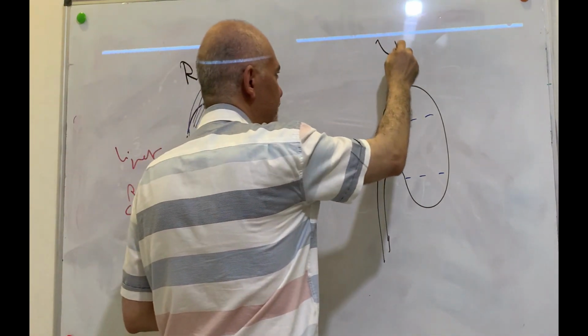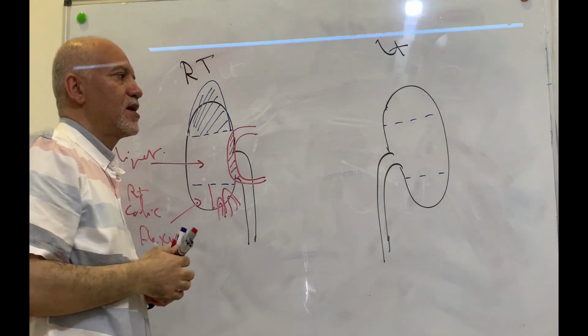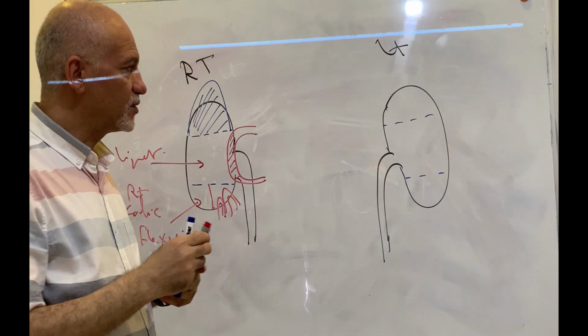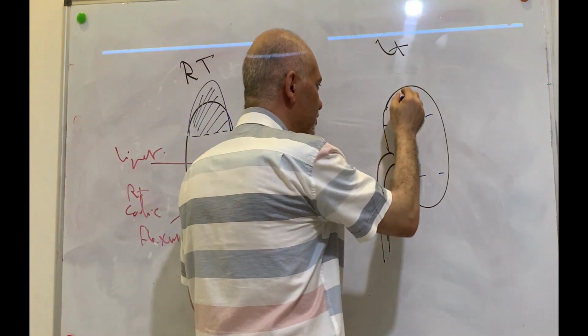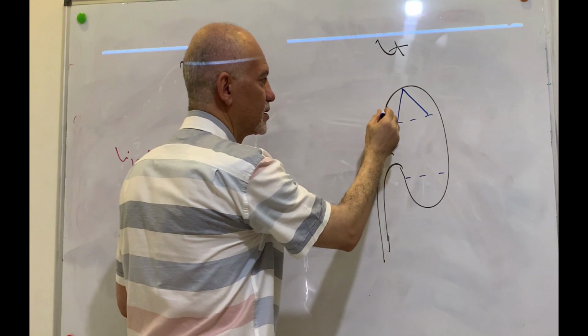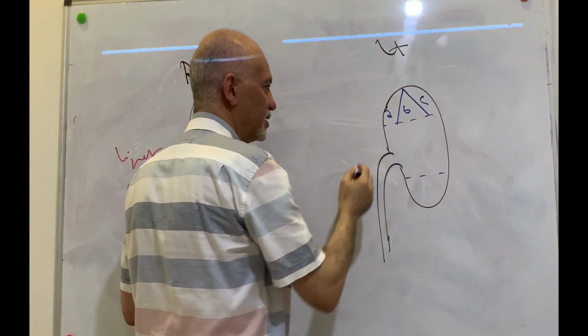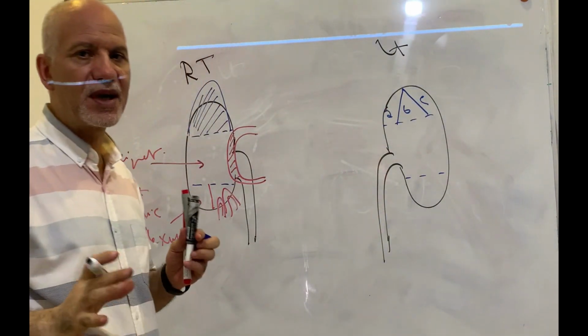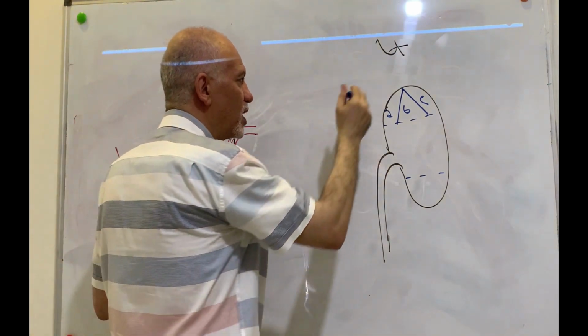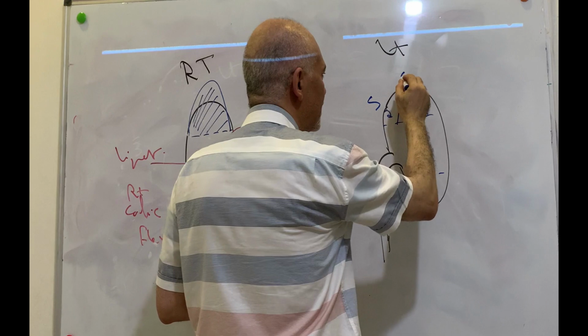Left one. The upper one third can be divided again into three parts: medial, intermediate, and lateral. We can summarize or memorize these three structures by SSS.